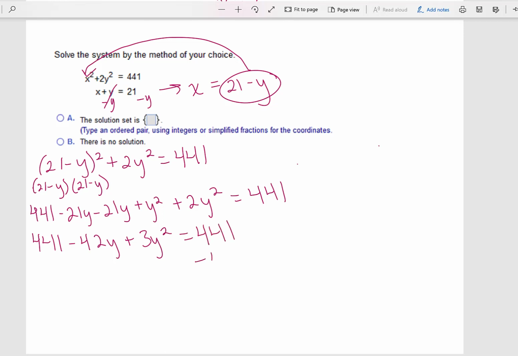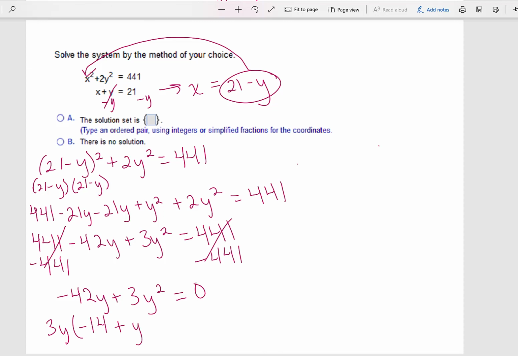Set it equal to 0. It ends up zeroing out that 441 on the left side as well. I have negative 42y plus 3y squared equals 0. And I'm going to factor out 3y and then set each of these factors equal to 0.